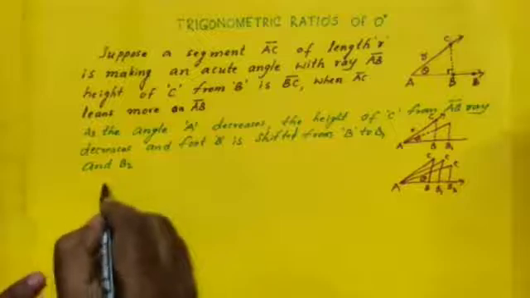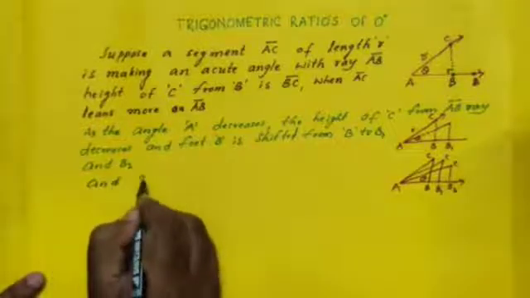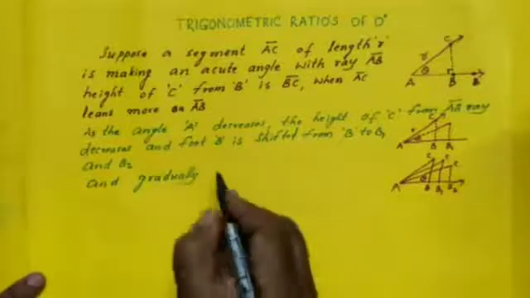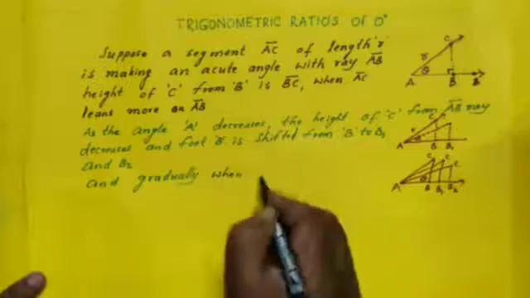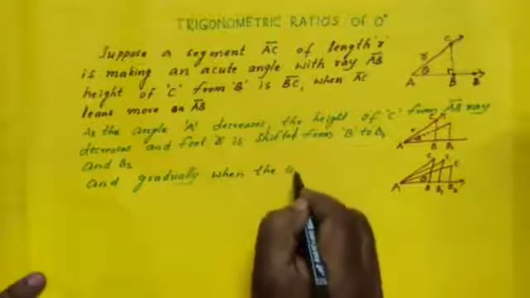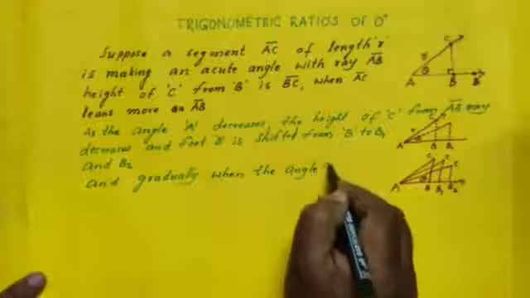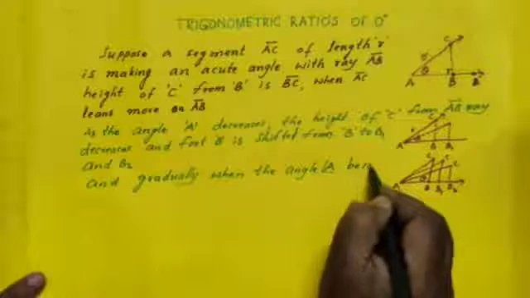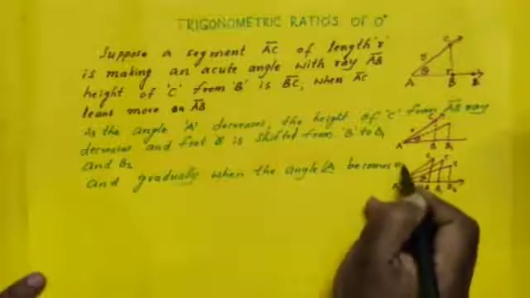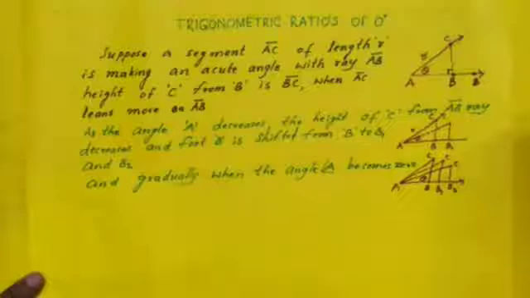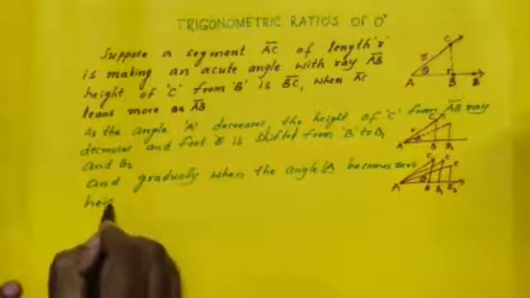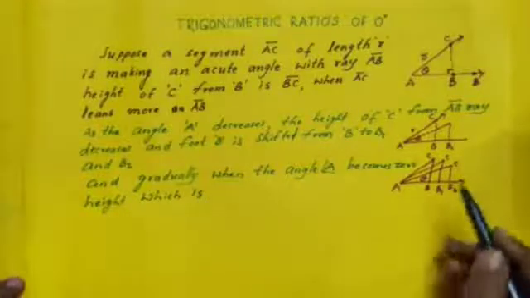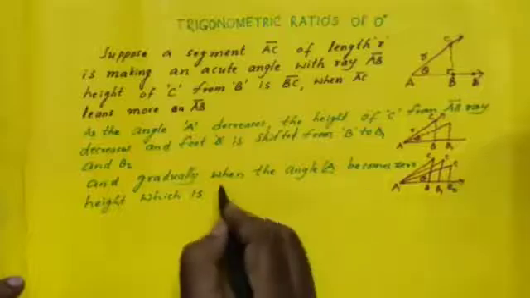Gradually, when this angle A, that is theta, becomes 0, this height BC becomes 0.